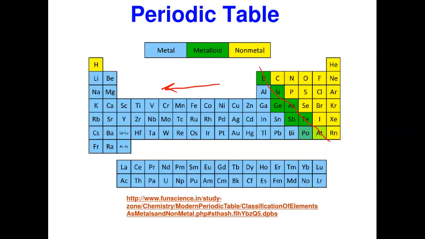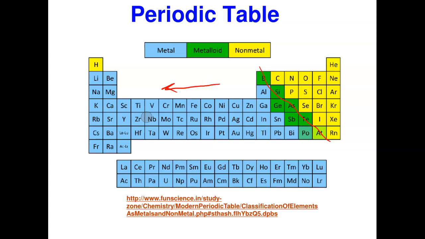Okay, let's go to the next trend. Try to marry this with what we have in the periodic table, and you'll understand that the location of the metals to the left of the periodic table is what makes this very logical and coherent.